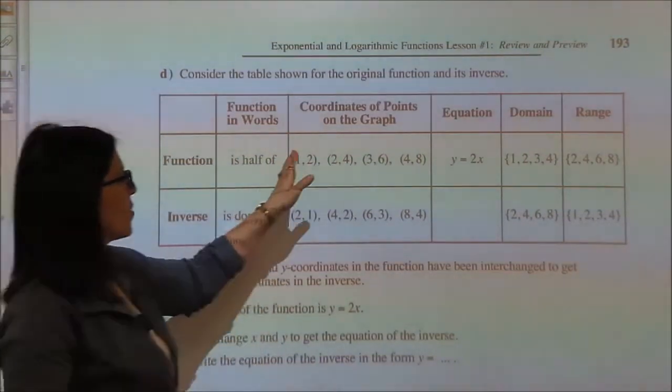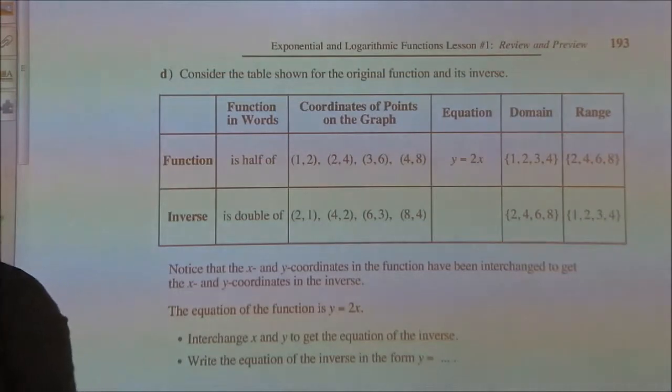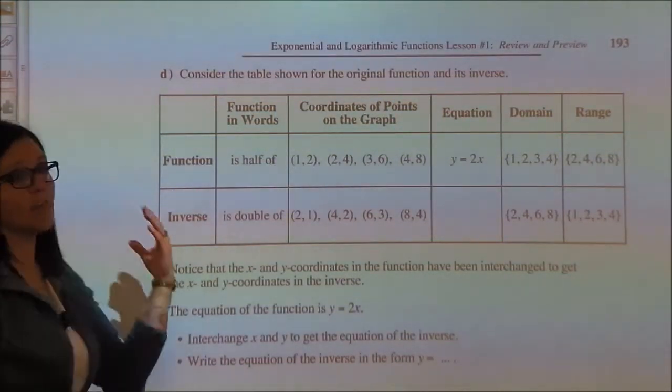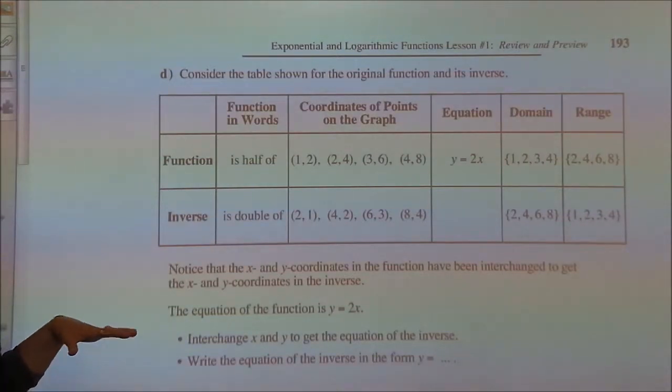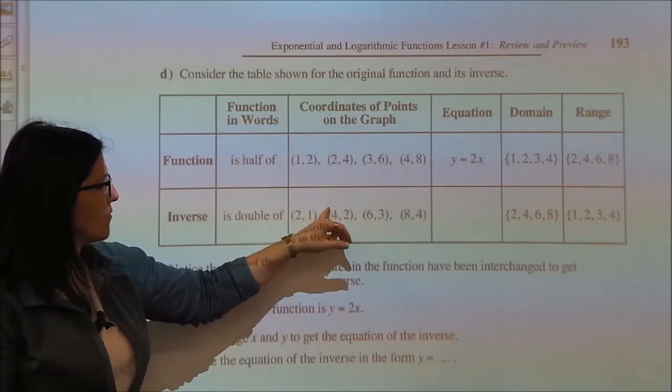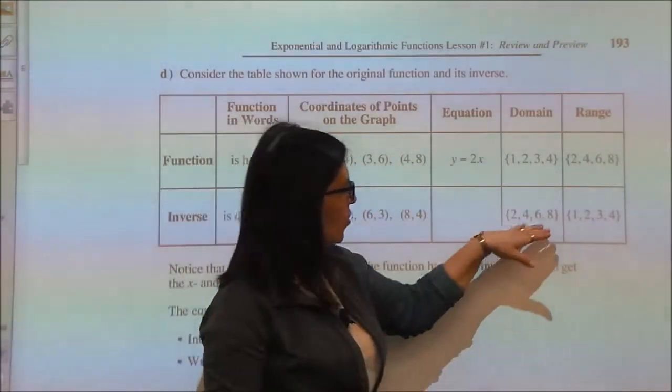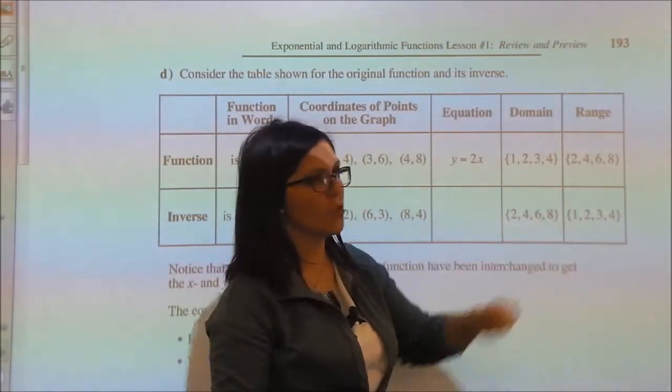And then my domain were my first elements, my x's, and my range were my y's. The inverse is the operation that undoes it. So that was the is double of. 2 is double of 1, 4 is double of 2, 6 is double of 3, 8 is double of 4, and so on. And then there's my new domain and range.